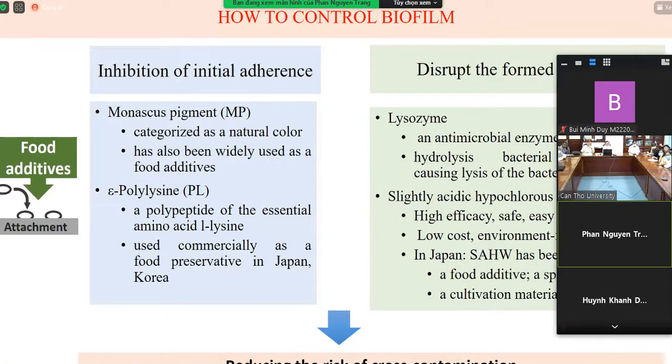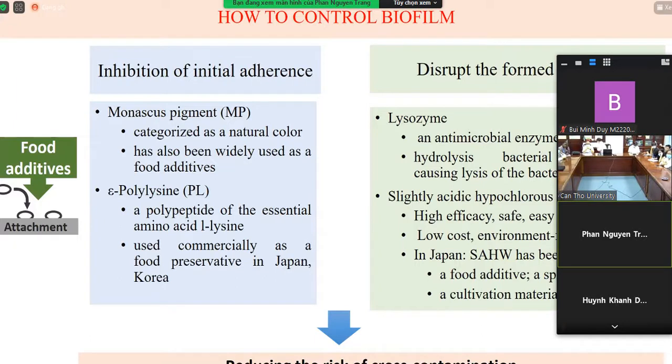Here I want to introduce some methods that are used to control biofilm now. Until now, studies have focused on stage A and stage C of biofilm development. In stage A, they can use food additives to inhibit the adherence of biofilm.